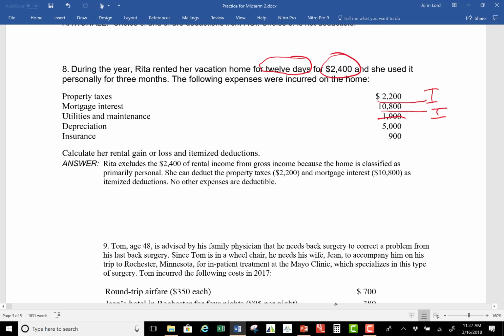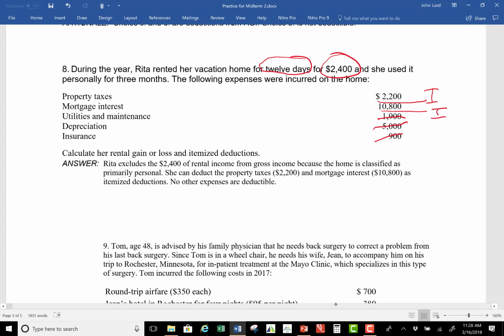If it was rental use, then she'd have to take those utilities and allocate them between what? Personal use and rental use, but since it's purely personal use, we don't have to worry about that. Same thing with depreciation, okay? Insurance, what? Not going to be deductible since it's a pure personal use, okay?